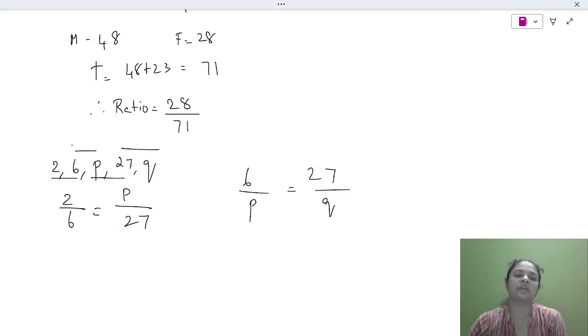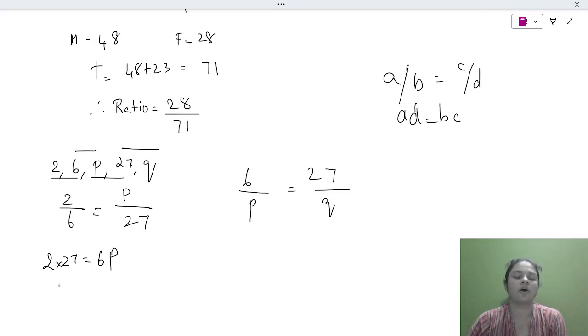So now if I compare, I can find the answer. How to compare? We know the rule. If A by B equals C by D, then we will write AD is equal to BC. So given that, we are going to write 2 into 27 is equal to 6P, or P is equal to 2 into 27 by 6, which is 9.